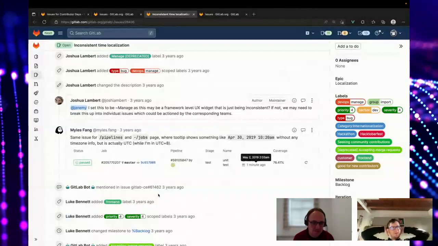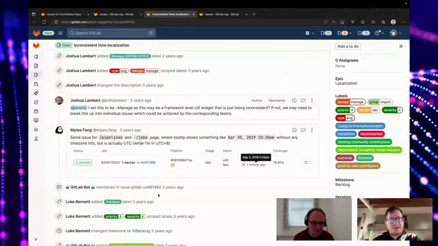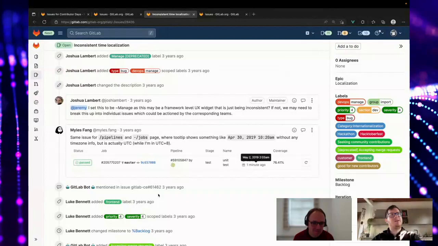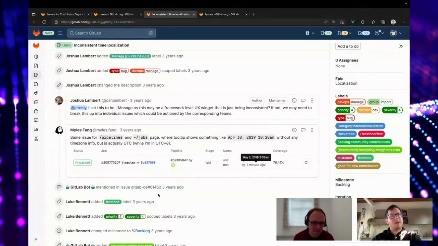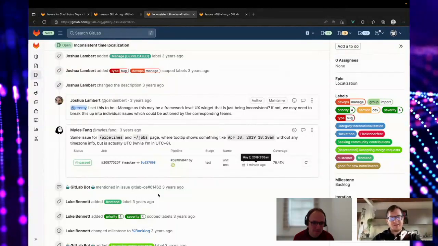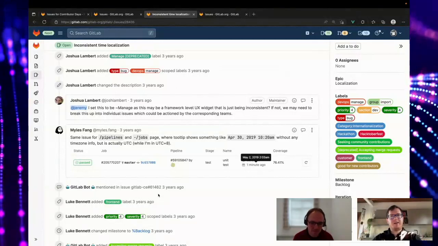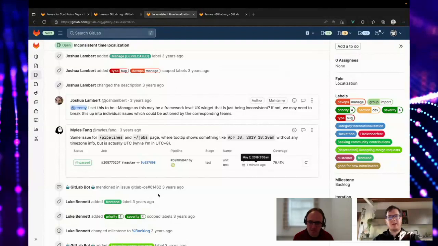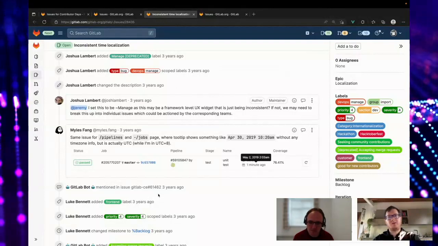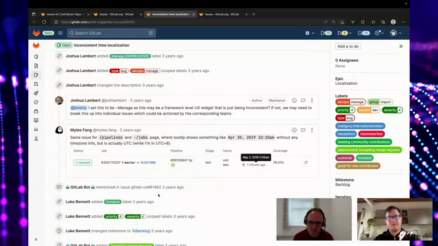For example, system notes. There are certain system notes that include the time in the system note text, and that's converted by the backend. So it's converted to the time local to the server, I think.